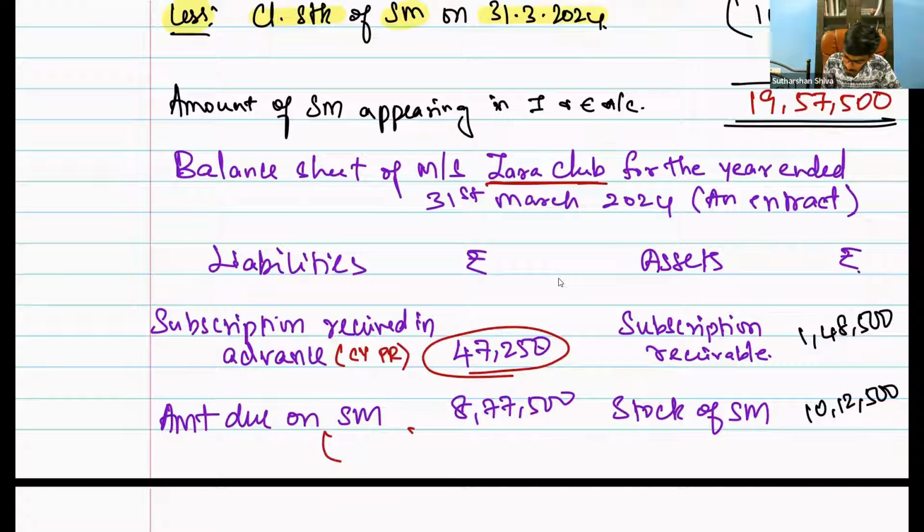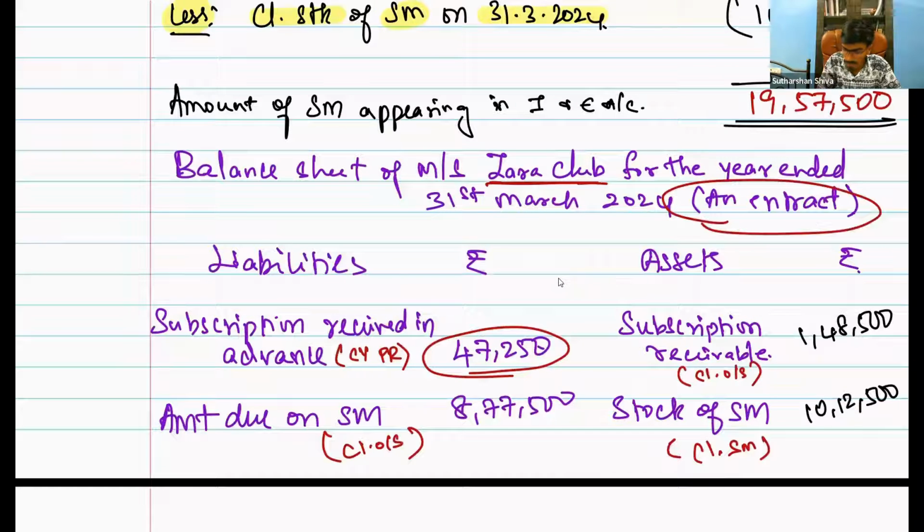Amount due for sports material is your closing outstanding. Subscription receivable is your closing outstanding. This is your closing sports material, closing stock of sports material. Both things tally, no explanation needed. And importantly, you need to write down an extract of the balance sheet.